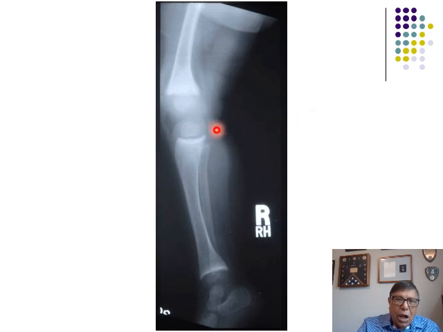Let's see the cupping of the bone, cupping here, and this flaring of the joint, expansion of the lower end and the cupping. This is a very classical x-ray of rickets.